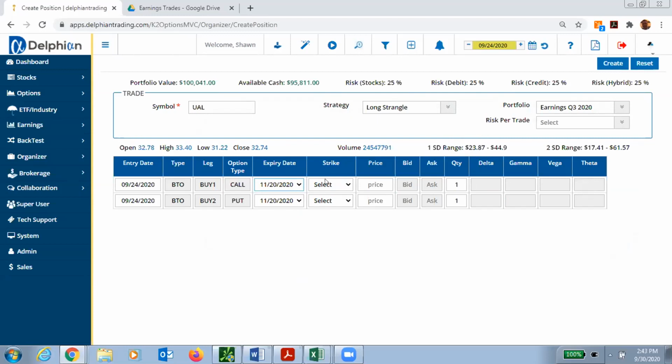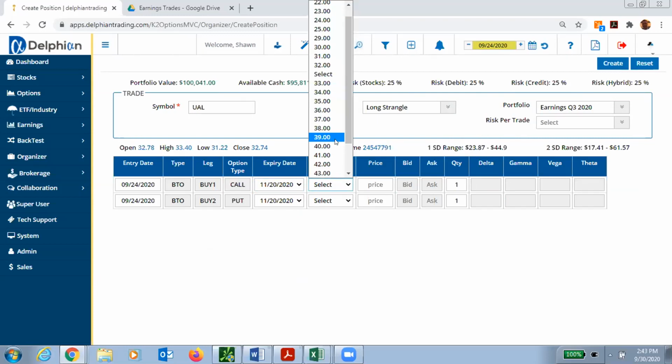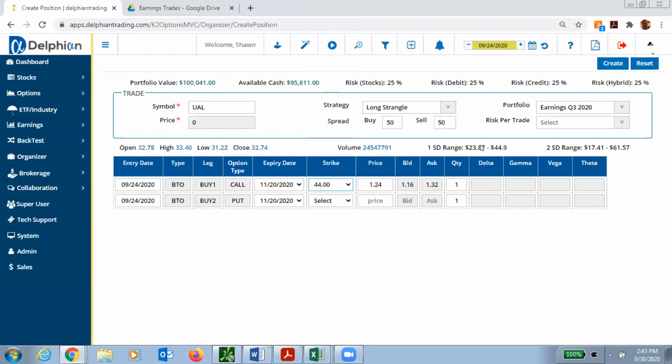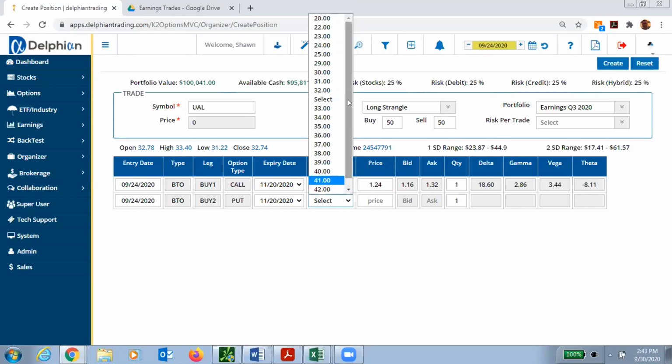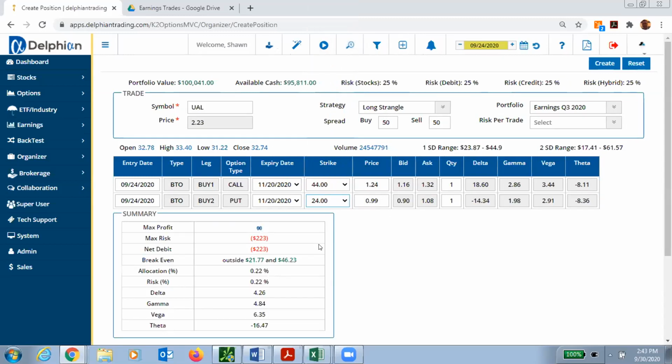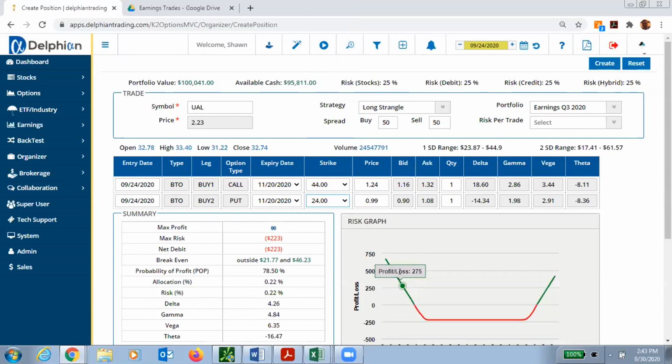So for my call side, I'm going to use the $44 call because it's going to be within the standard deviation ranges. 44 is the next one down below 44.90. And then one above 23.87 is going to be 24. So I'm going to use those as the options that I'm looking to purchase.